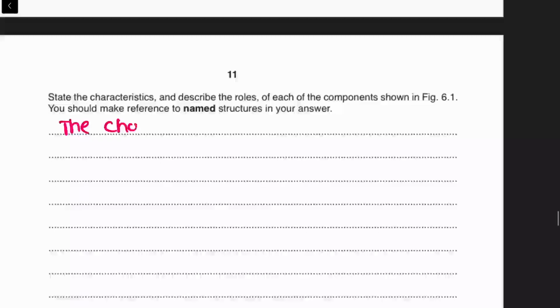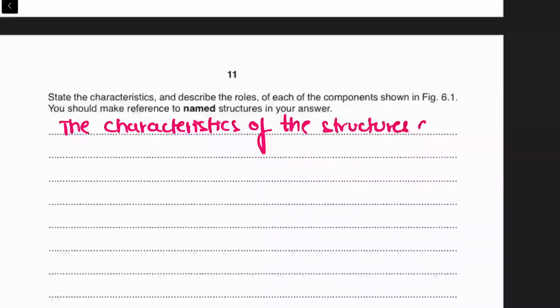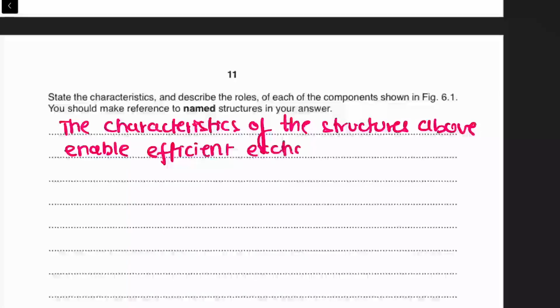The characteristics of the structures above enable efficient exchange, or you can say gaseous exchange of carbon dioxide plus oxygen through diffusion.